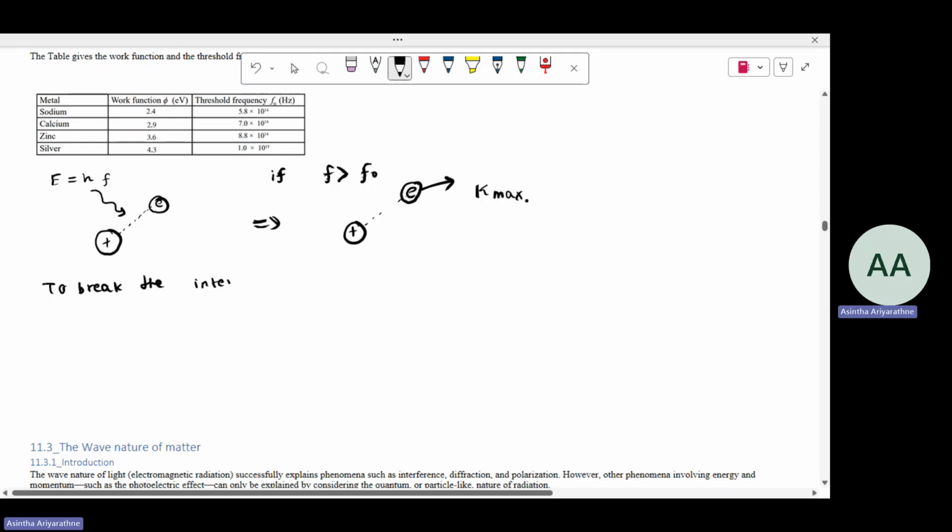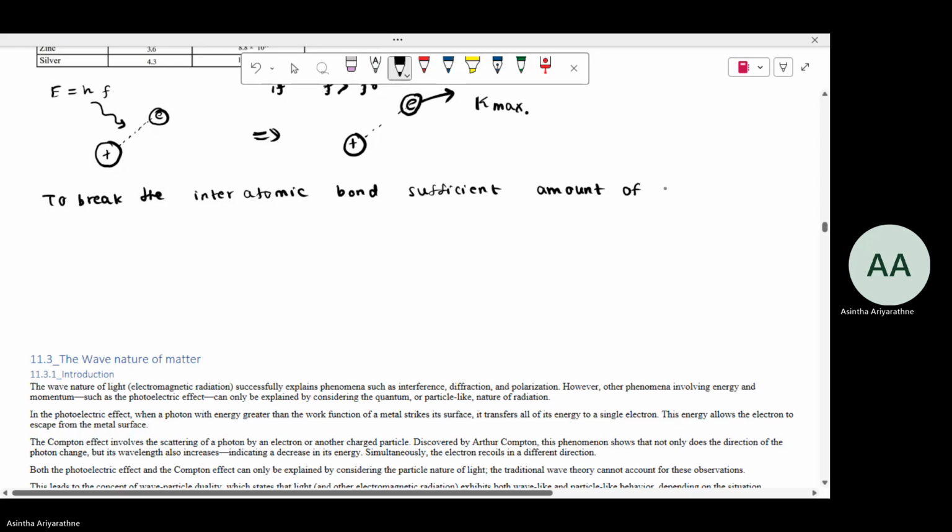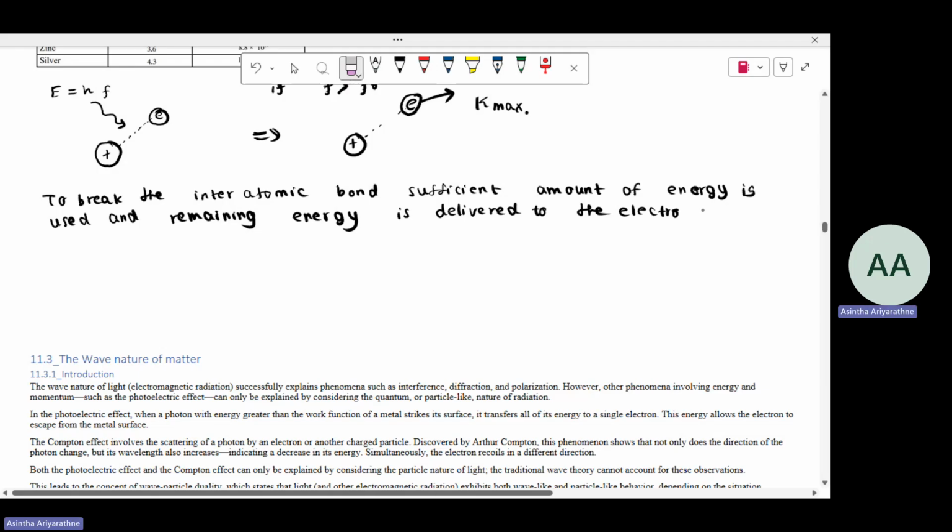To break the interatomic bond, a sufficient amount of energy is used, and the remaining energy is delivered to the electron as kinetic energy.